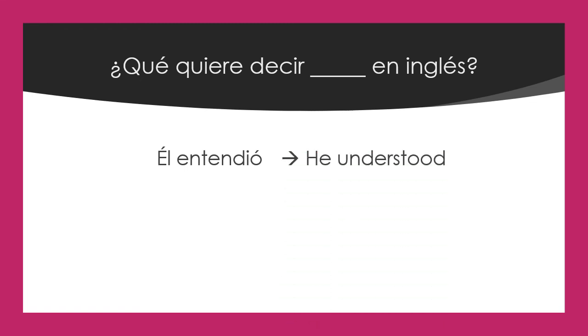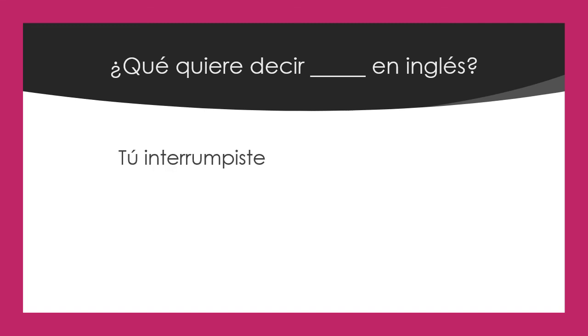Es he understood. Correcto. ¿Qué quiere decir yo respondí en inglés? Es I responded. Okay, so these are in the past tense. Make sure your English definition is also in the past tense.